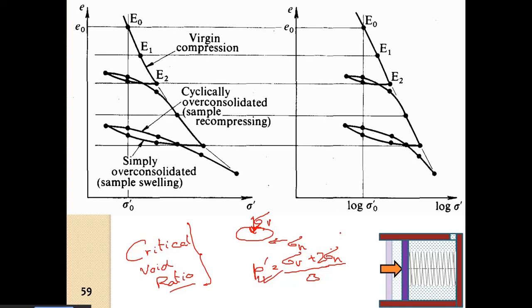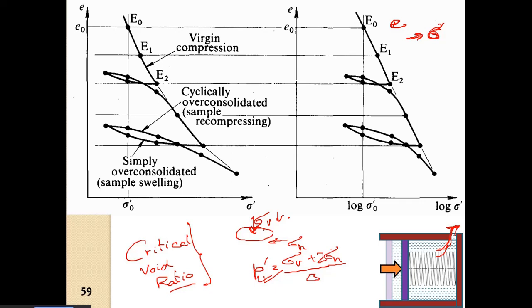When we do the test, we generally measure the volume of voids. Ultimately we plot the void ratio with the effective stress. In the consolidation test, since drainage is allowed, whatever load we are applying ultimately gets converted to effective stress.